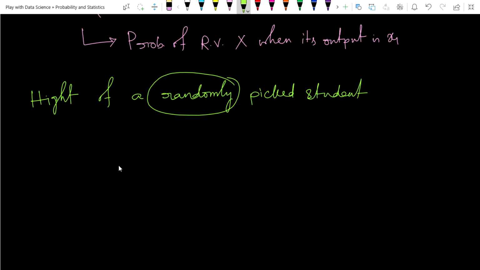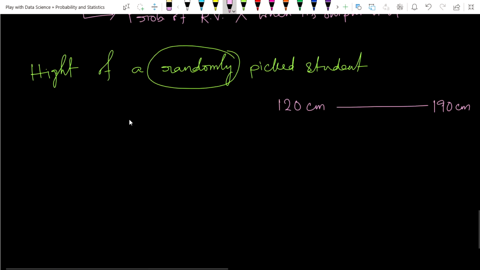In general, human heights lie between 120 centimeters and 190 centimeters. Suppose we have taken a random student in a class, and this is our random variable, let's call it y. We first randomly pick a student from a class, and suppose we find this height: 162.55.